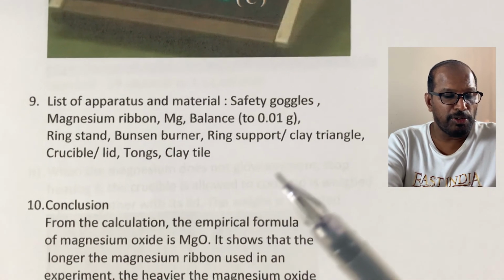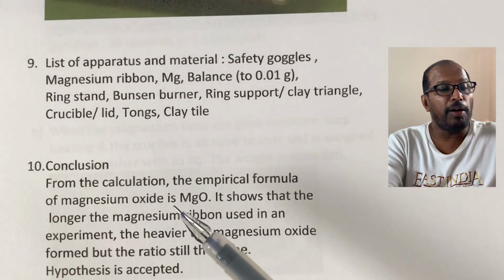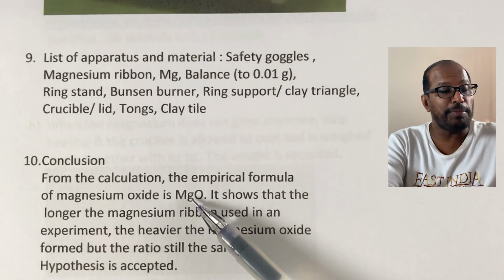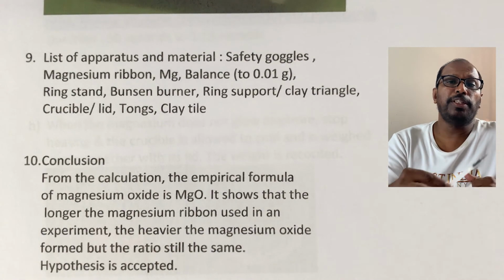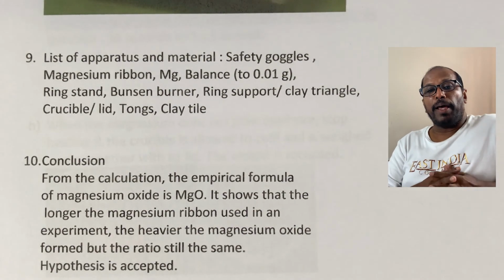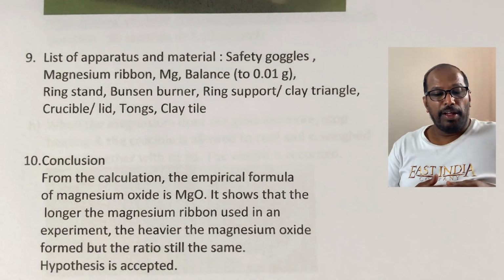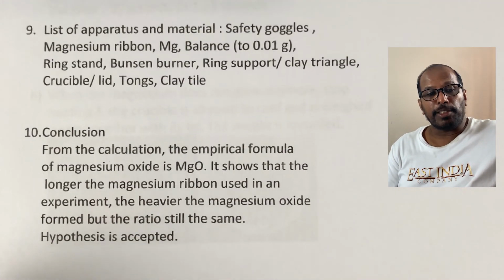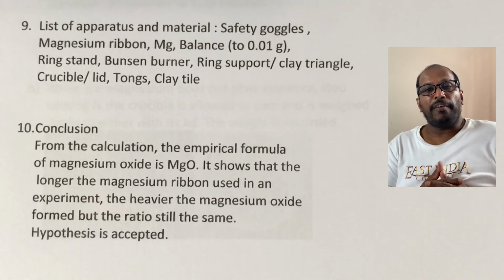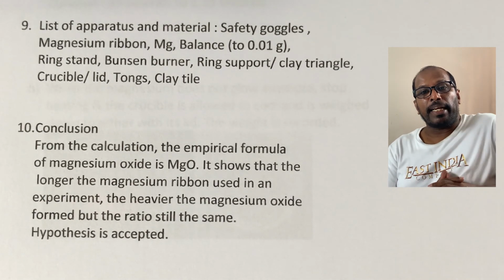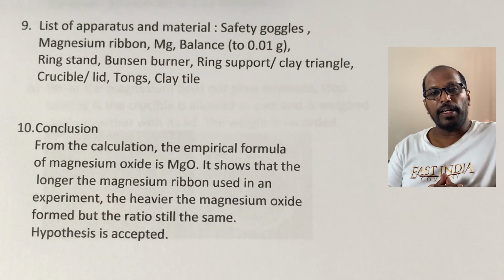Then we can conclude the empirical formula of magnesium oxide is MgO. So this is how we carry out the magnesium oxide experiment. Now we have actually completed the sections on empirical formula and molecular formula for our syllabus.